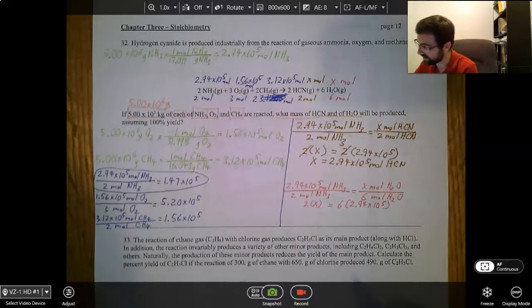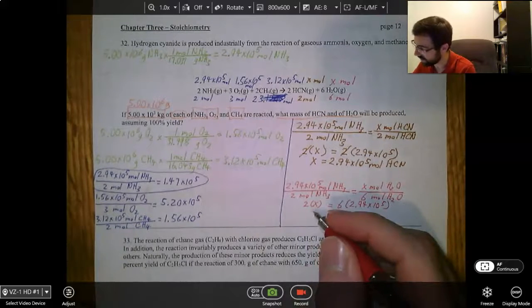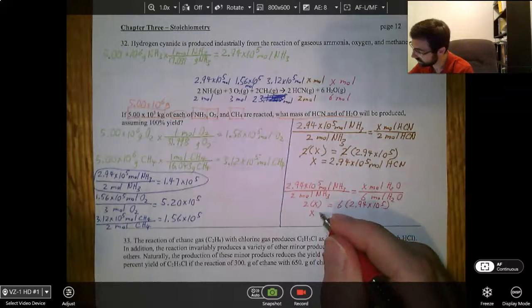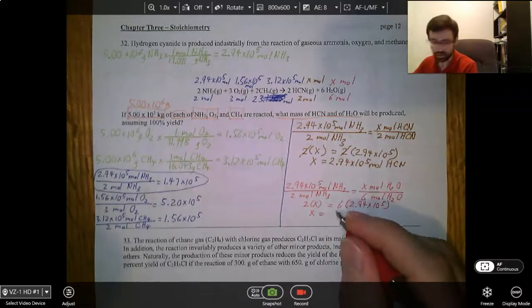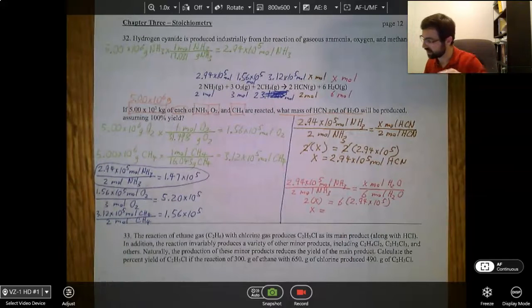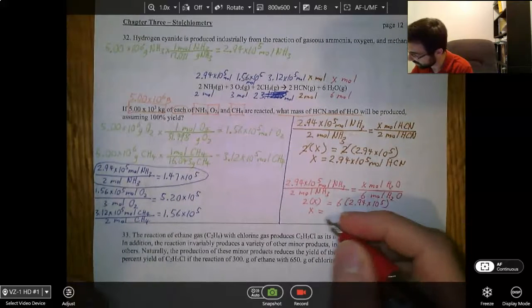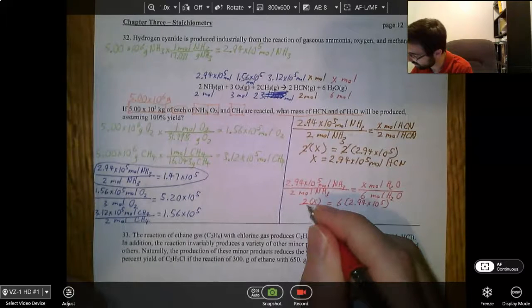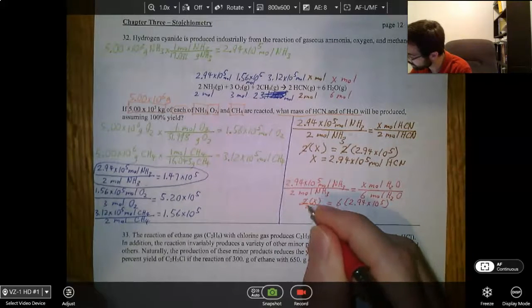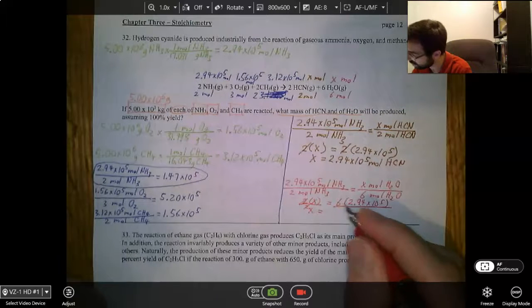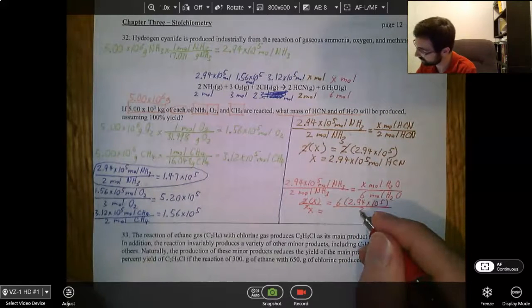But if you'd rather, we can just do this. X equals 6 times 2.94. I'm going to divide by 2 on both sides so that I can get rid of it. 6 times 2.94 times 10 to the 5th over 2.